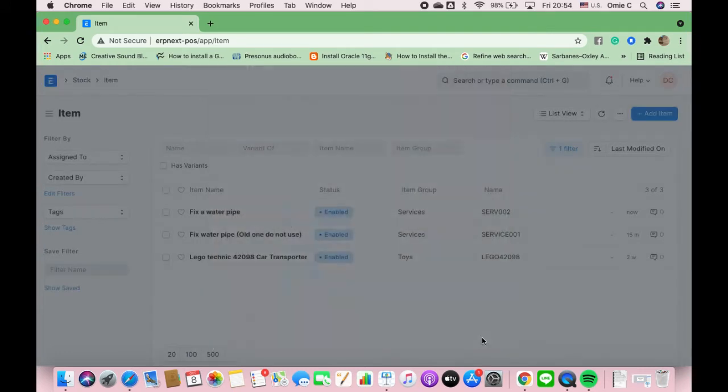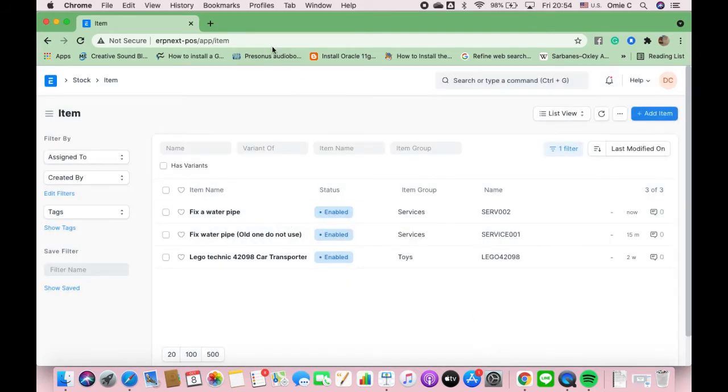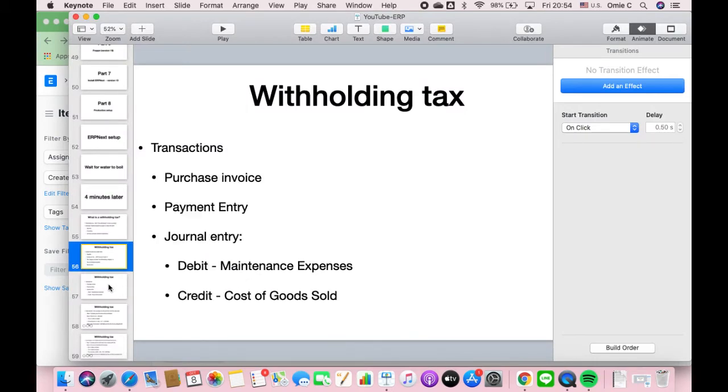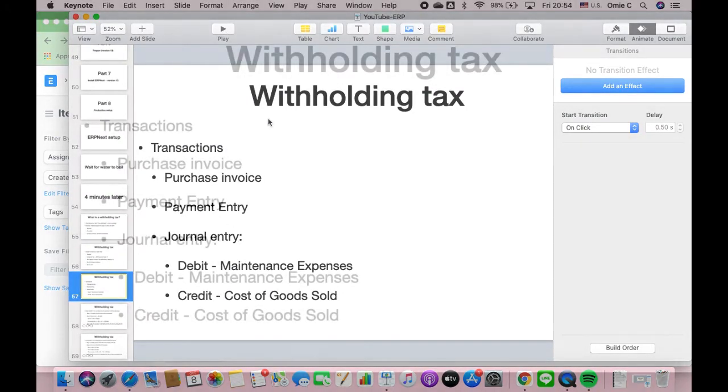Then just save. Okay, here we are. So I think we have two things, right? Fix a machine and fix a water pipe. So we are ready to go to the transaction.